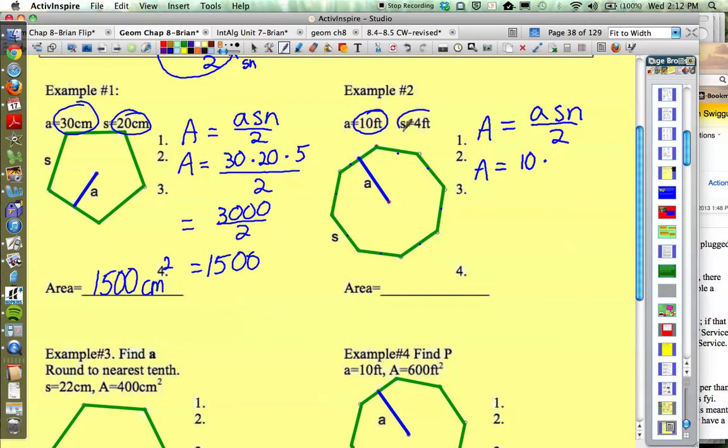The side length is 4. The number of sides, we counted, is 8. So 10 times 4 times 8 divided by 2. 10 times 4 times 8 is 320. 320 divided by 2 is 160. This one is using feet, so square feet would be the area.